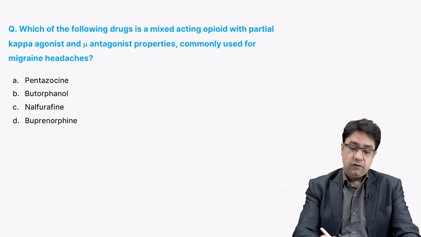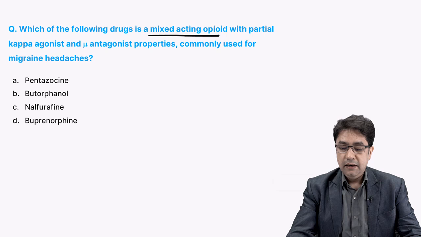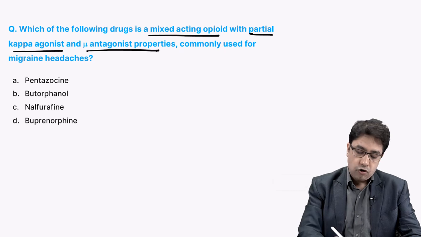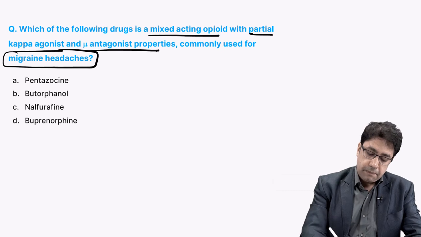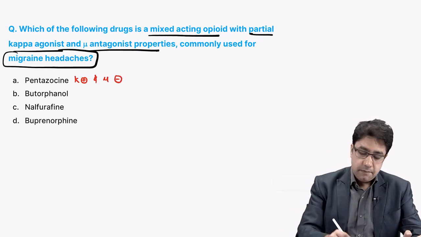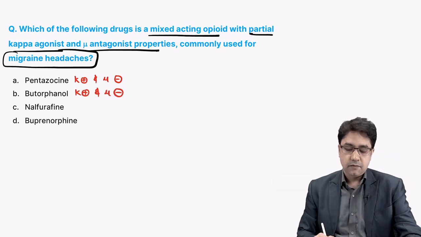So, now let's talk about the last question. Which of the following mixed acting opioids, a partial kappa agonist and mu antagonist, is commonly used for migraine headache? Now remember, pentazocine is a kappa agonist and mu antagonist. Butorphanol is also kappa agonist and mu antagonist.